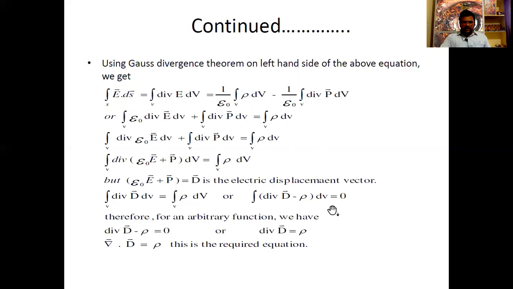So this integral becoming 0 means the integrand, divergence D bar minus rho, should become 0. By rearranging the terms, divergence D bar is equal to rho. This is called Maxwell's first electromagnetic equation.